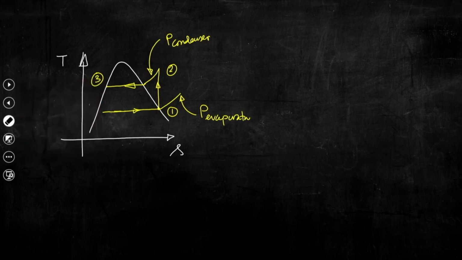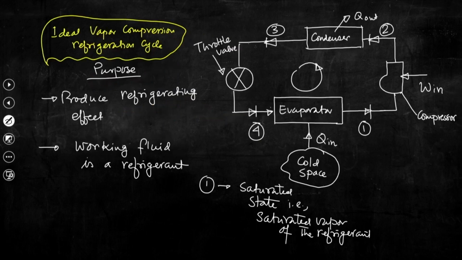Now, consider one important case: what about the process 3 to 4? Process 3 to 4, as we can see from the schematic, is the throttling process. The throttling process is a very fast process. So, it is basically a kind of expansion of the refrigerant vapor, and the sole purpose is to reduce the pressure of the working fluid from condenser pressure to the evaporator pressure.